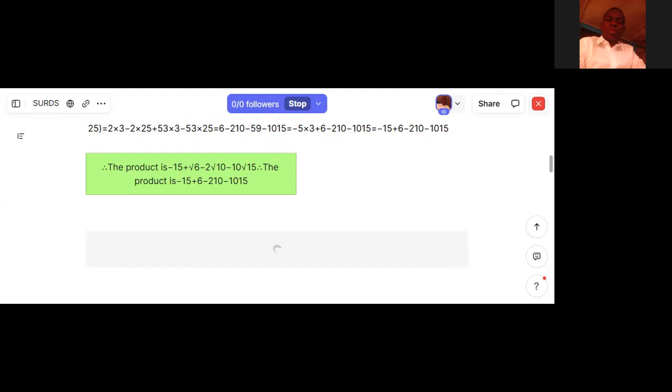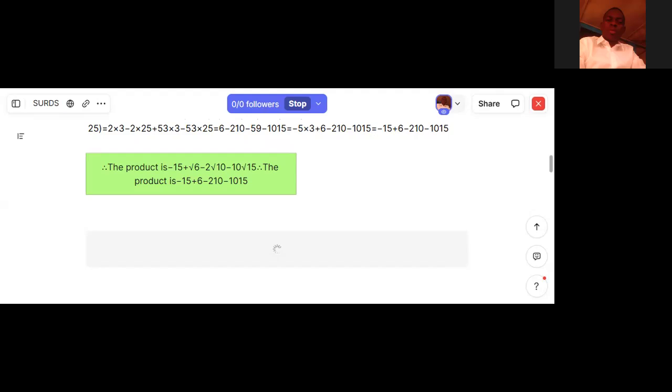We also see the operation of rationalization of surds, whereby for a fractional surd, rationalization comes in when you have a surd as the denominator of a fraction. What you do is multiply both numerator and denominator of the fraction by the surd in the denominator.